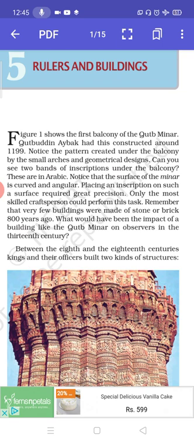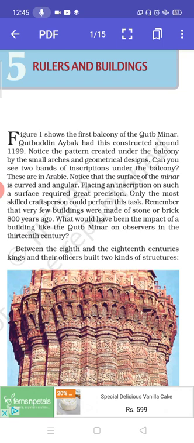Remember that very few buildings were made of stone or bricks 800 years ago. What would have been the impact of a building like Qutub Minar on observers in the 13th century? So, you can see the building. If you have visited it, you must have noticed the small arches and the geometrical pattern made on the wall.